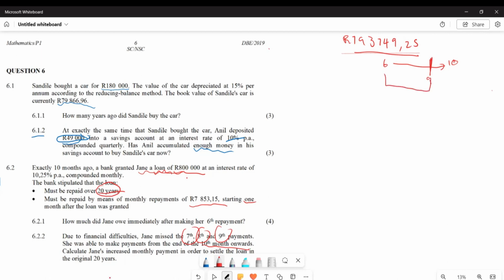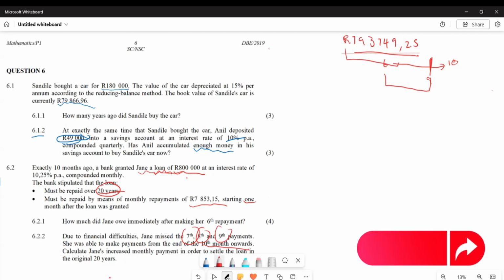Which means the money that she was owing was 793,749.25. Now she wants to add more money to cover up for the 3 months that she also missed.